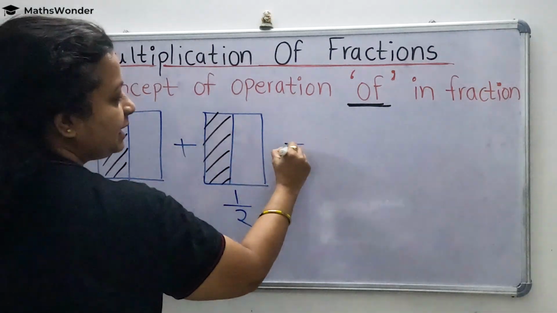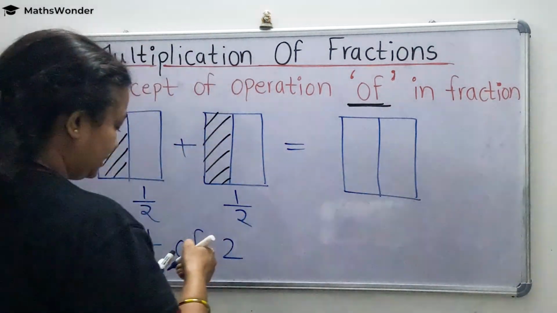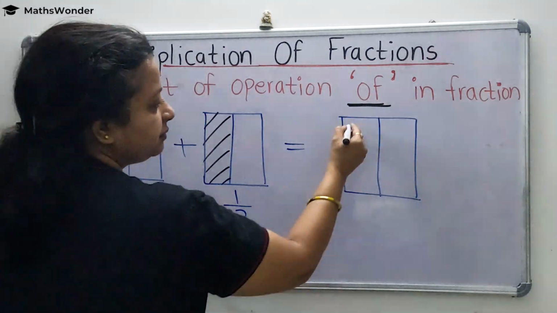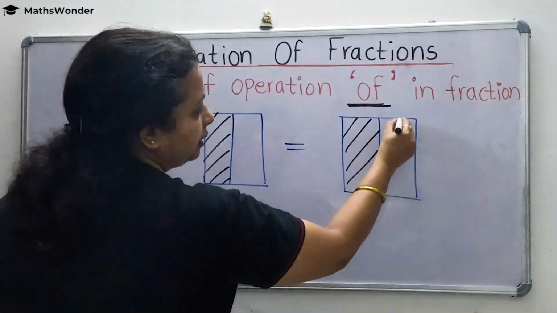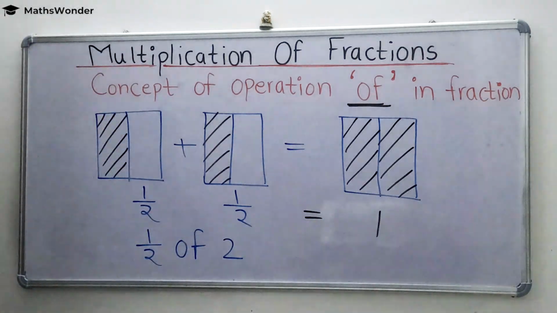When we combine two shaded halves, what will you get as the result? One whole. So what is the concept?